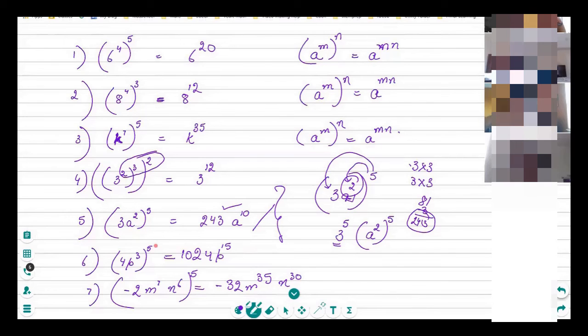Now let me explain these questions. All three of you, Sanjay, Ishan, and Sophia, please listen to me. My question is (4p³)^5. See, this power 3 is only for p, not for 4. But outside the bracket, there is one power 5. This power 5 is for both, for 4 and for p to the power 3 also.